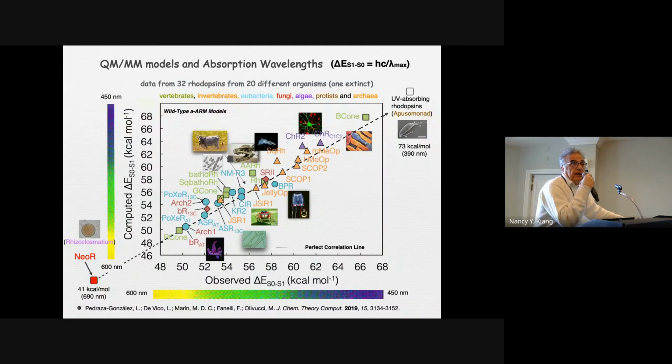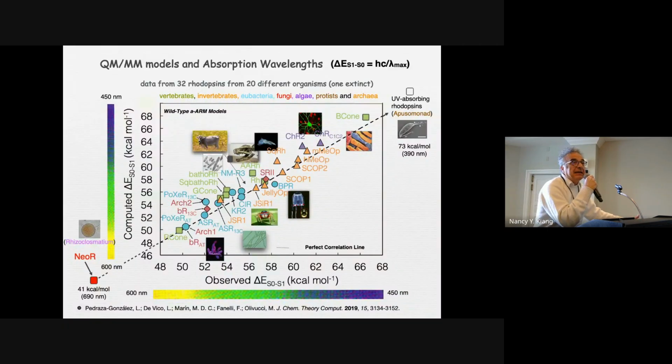The other thing that is quite amazing here, you can see from this diagram, is that rhodopsins really span a very large absorption range, because they go from 690 nanometers, rhodopsins absorbing in the red, substantially, up to close to the UV. So consider that this is basically the same chromophore.